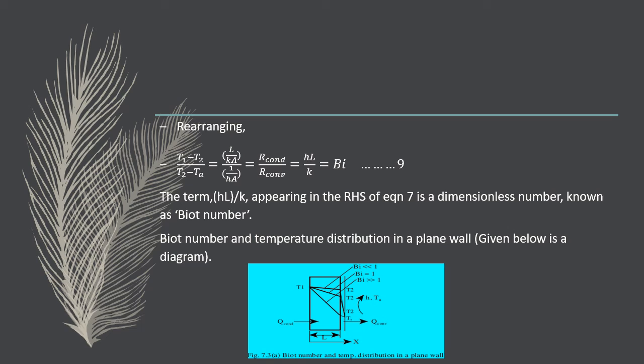In all the cases when the temperature changes from T1 to T2, the Biot value is counted. At first, the Biot number is very much less than 1. Then after some time, the Biot number is equal to 1, and in the last case, the Biot number is very much greater than 1.